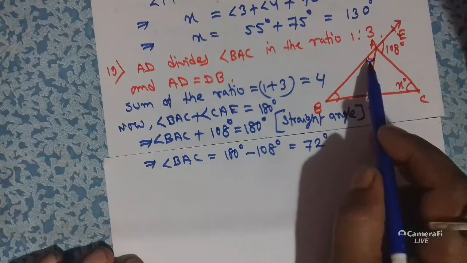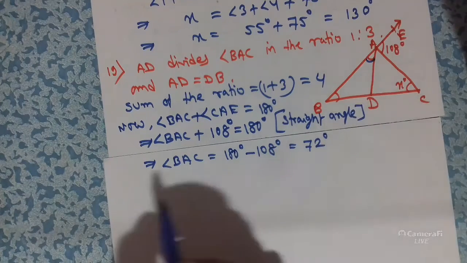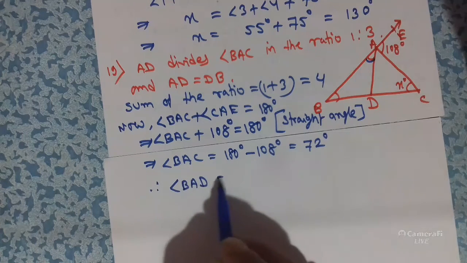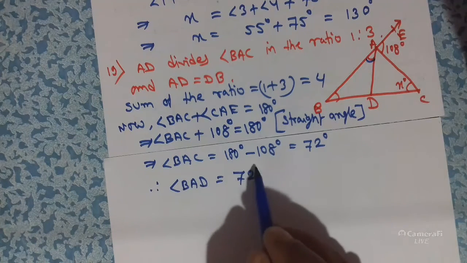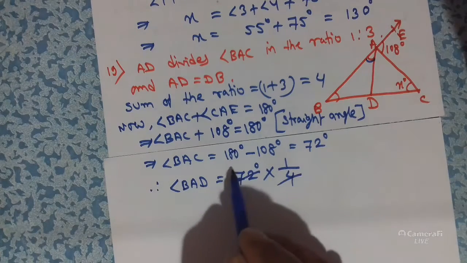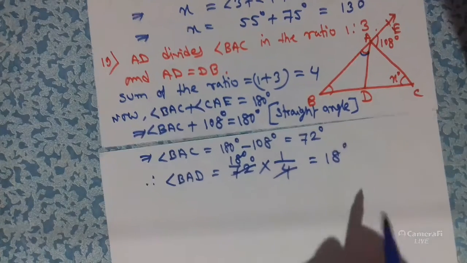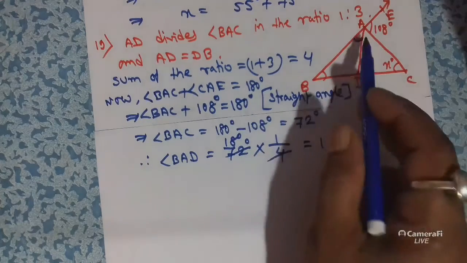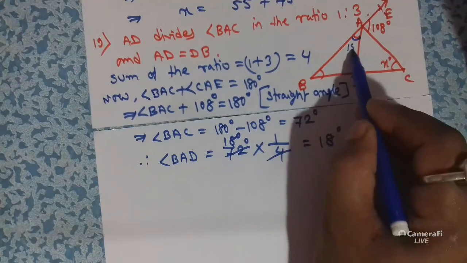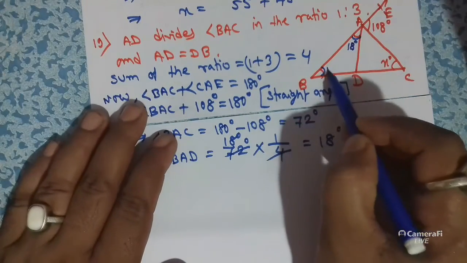Now we have to find this part which is BAD, and it is 1 part out of 4 parts. Therefore angle BAD is equal to 72 degrees into 1 by 4, so this one is 18 degrees. So angle BAD is 18 degrees. Then this is also 18 degrees.